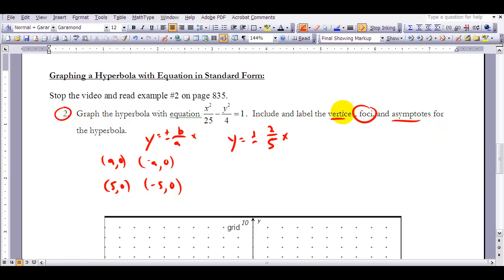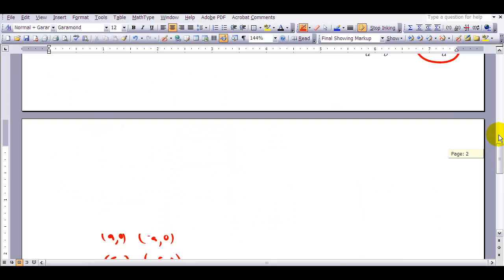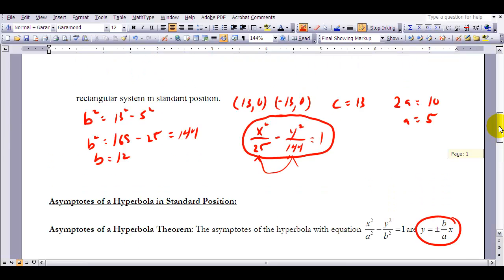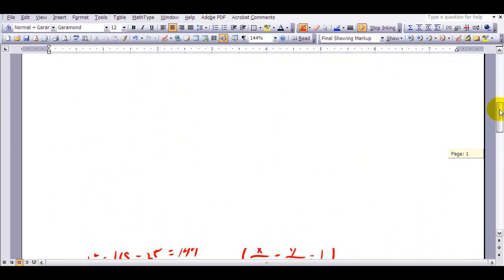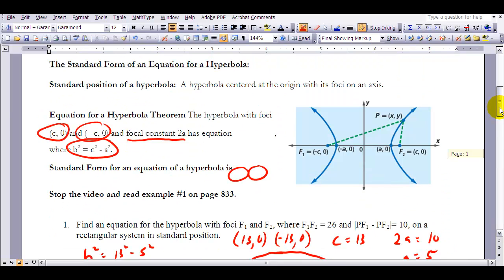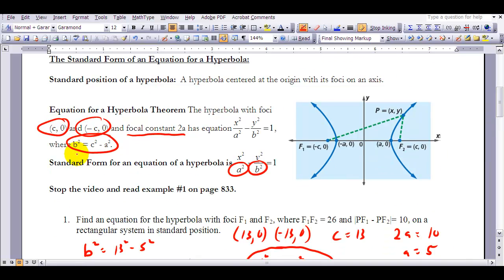We need to find the foci. Well, to do that, I know what my a squared and my b squared is, but I need to find my c squared. And to do that, I'm going to use this right here. This b squared is equal to c squared minus a squared. Okay?